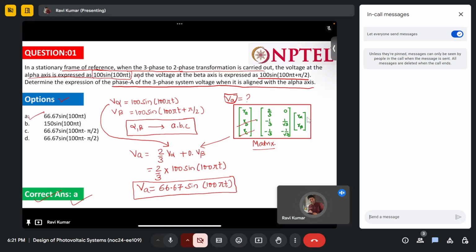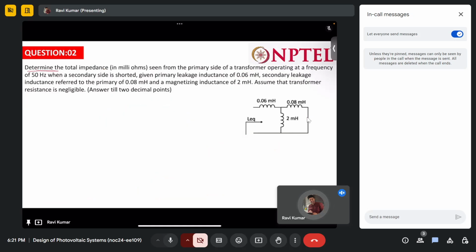Let's move to the next question, which says determine the total impedance in milliohms seen from the primary side of a transformer operating at a frequency of 50 Hz, when the secondary side is shorted, given primary leakage inductance 0.06 and secondary 0.08, and a magnetizing inductance of 2.